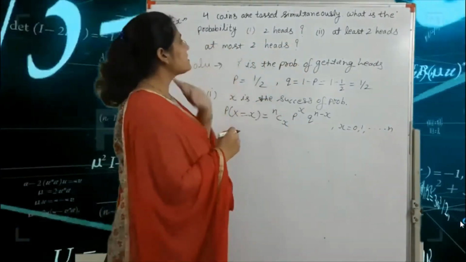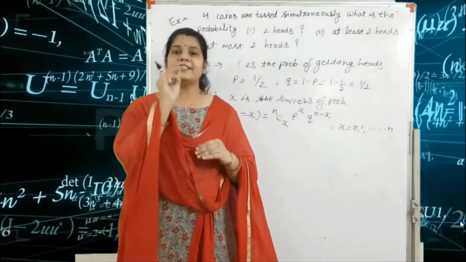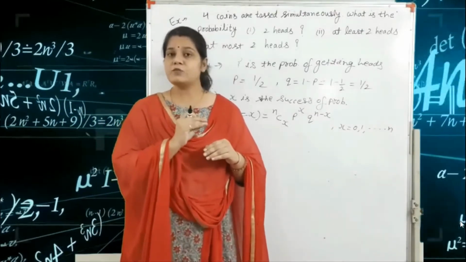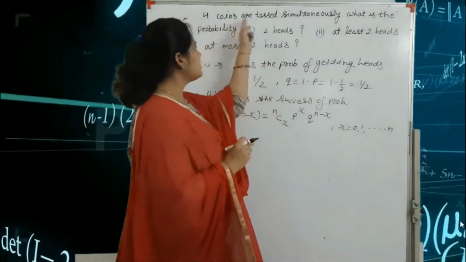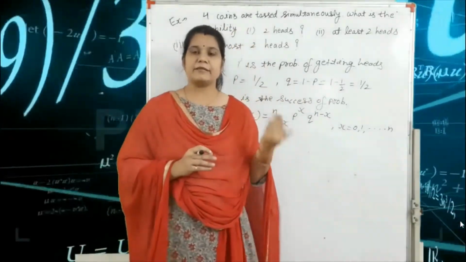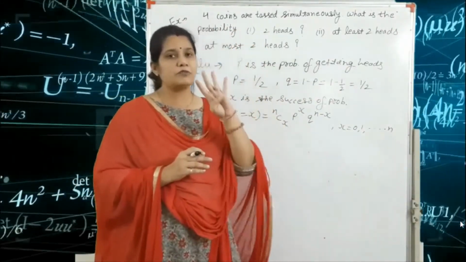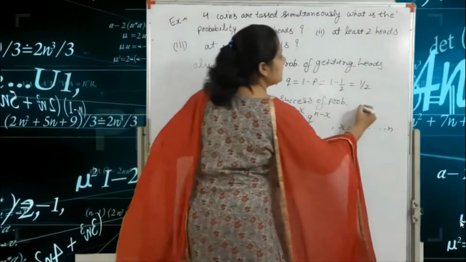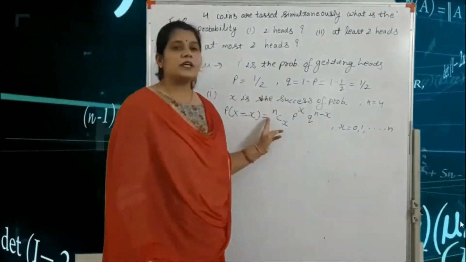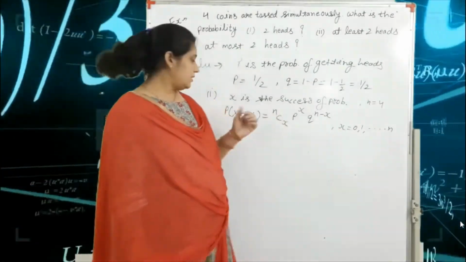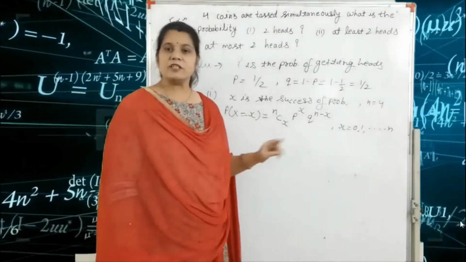But in this question we are given the value of n, the number of trials. That means 4 coins are tossed simultaneously, so here small n is equal to 4. So first we put n equal to 4 in the binomial distribution formula.